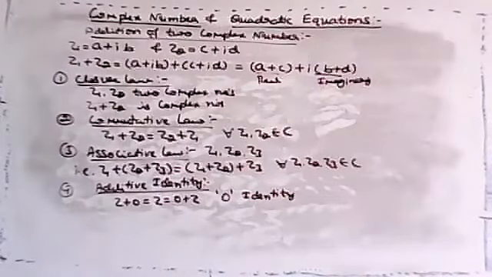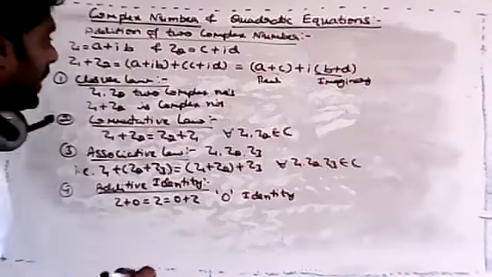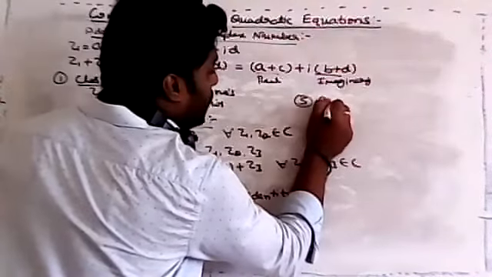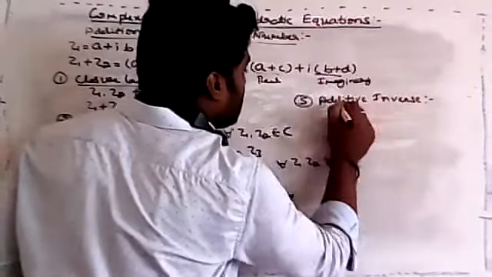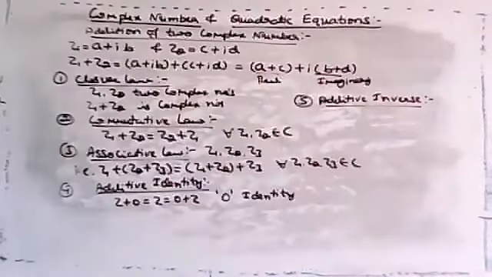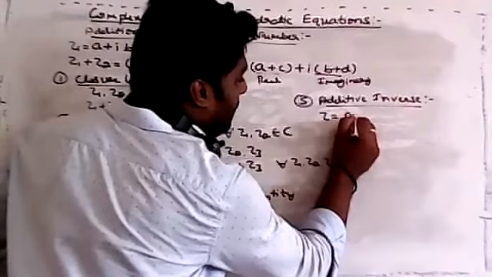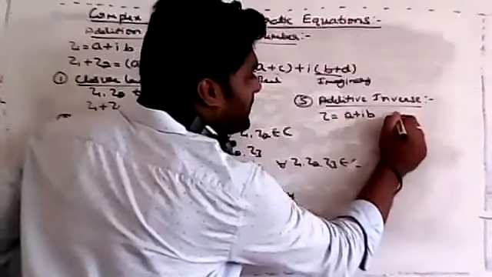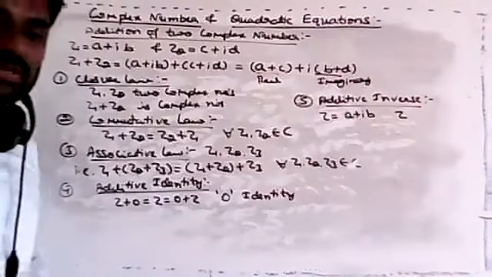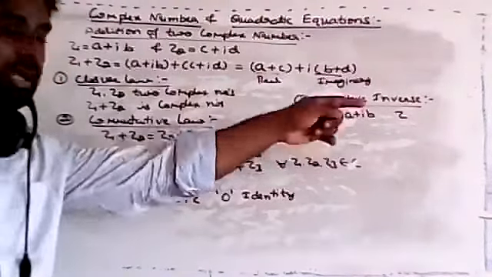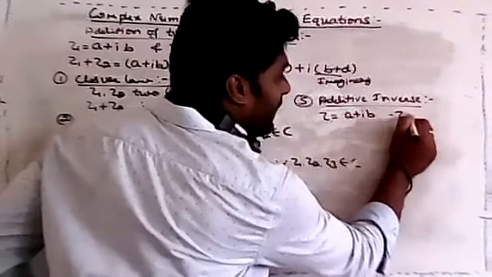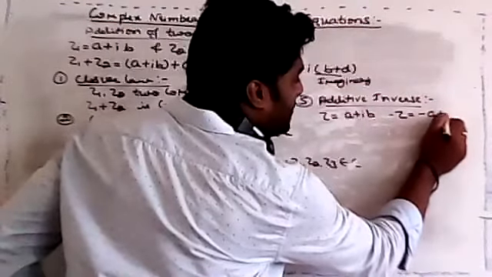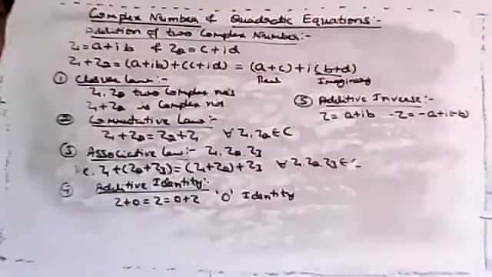Similarly, we move on to the additive inverse. How do we write the additive inverse? If I take Z equal to A plus iB, what is the additive inverse of this? We can write it as minus Z, that is minus A plus i of minus B. Yes, good Prajwal.